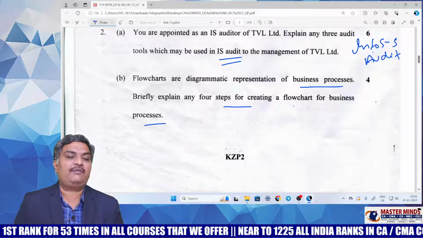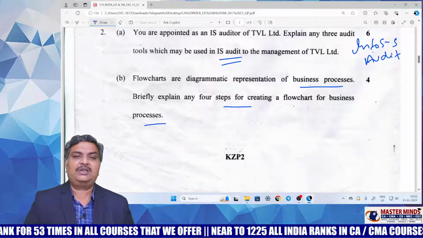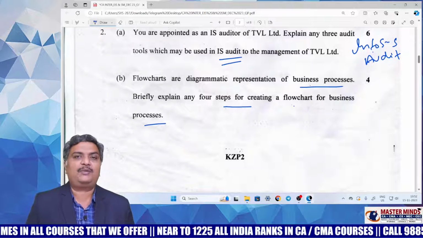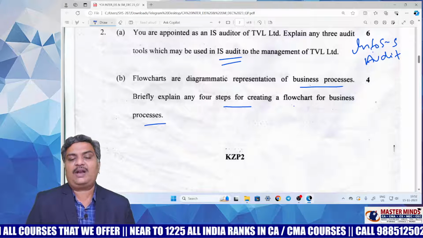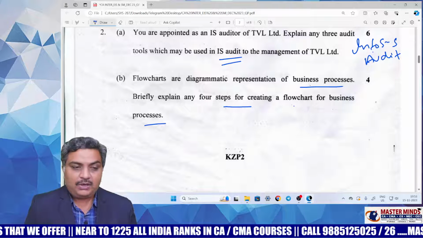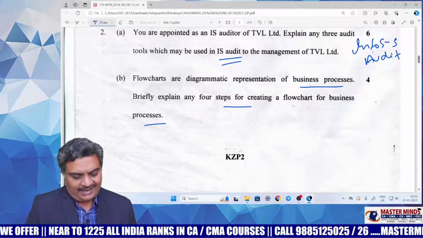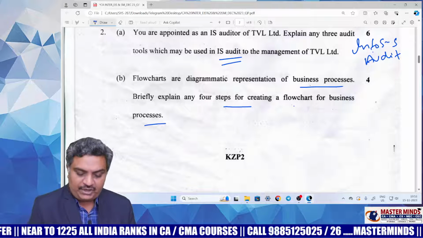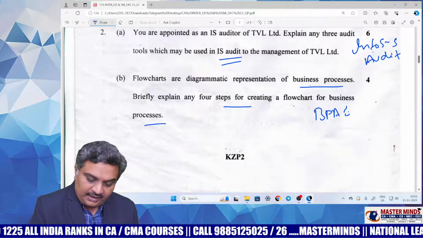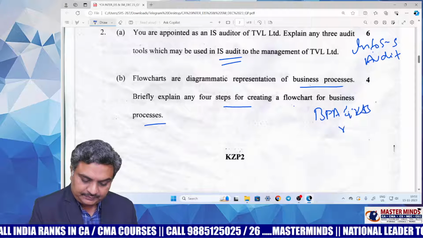So first you need to define the problem, evaluate the problem, understand the problem, and make a rough draft. In that way, you have certain steps of drawing the flowchart, and all those things need to be written. Again, this is a very easy question from business process automation and its risks.